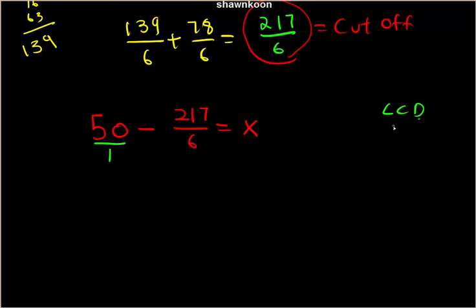For the LCD of 1 and 6, 1 goes into at least 2 of them, so 1 divided by 1 is 1, 6 divided by 1 is 6. We just multiply all these and we get 6. So our LCD is 6, which means we multiply this by 6 because 6 times 1 is 6, and the top by 6 too.